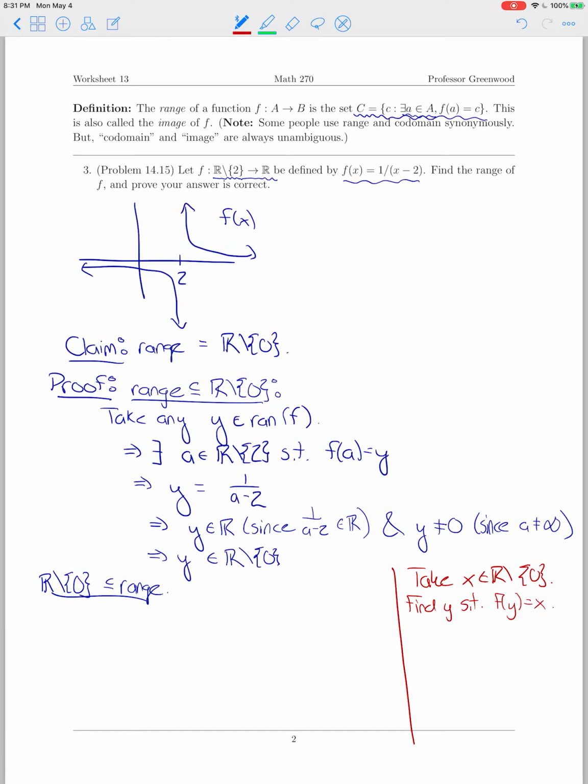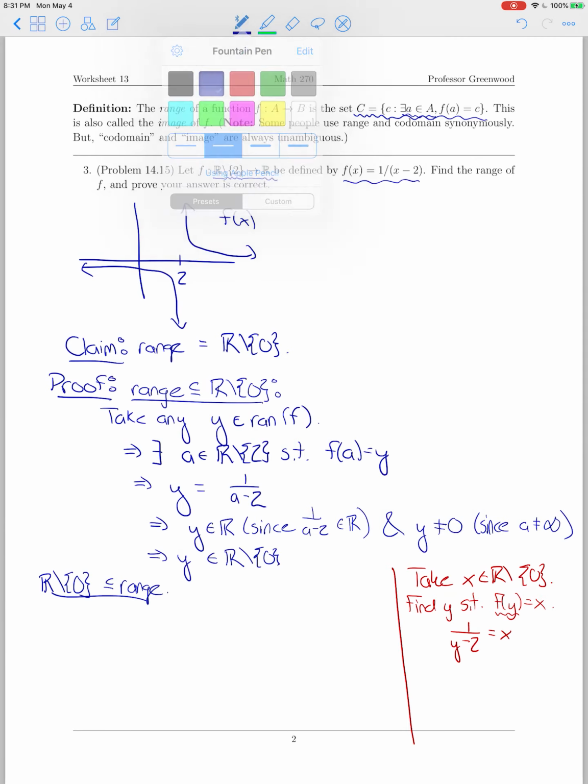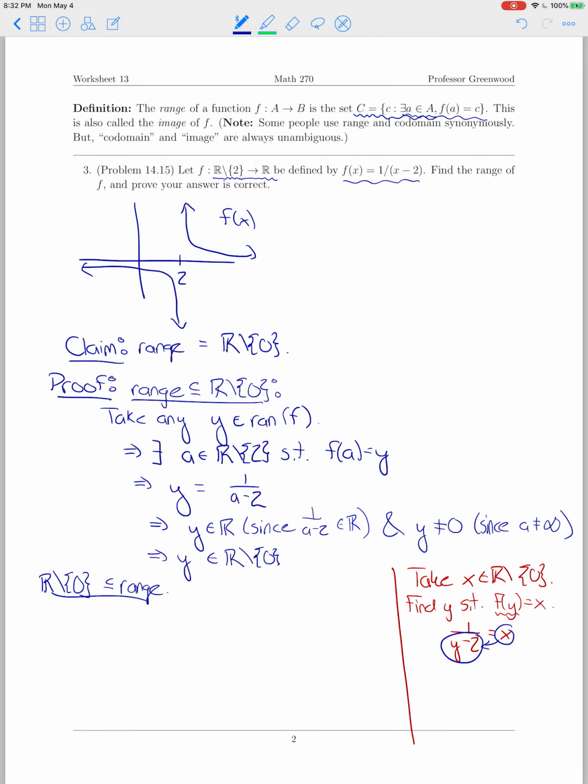In order to do that, I'm going to need to do a little bit of manipulation because I can write what f of y is in terms of my original function. That would be 1 over y minus 2 is equal to x. I just want to rewrite this to solve it for y at this point. All I have to do is swap the term right here and the term right here.